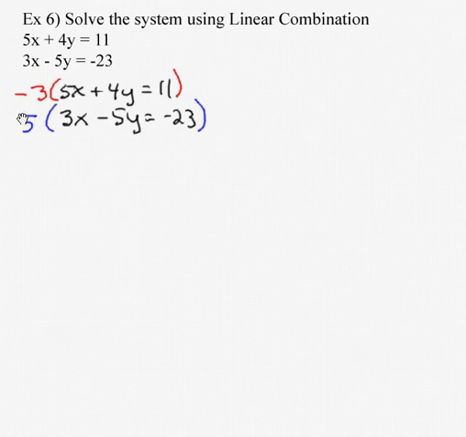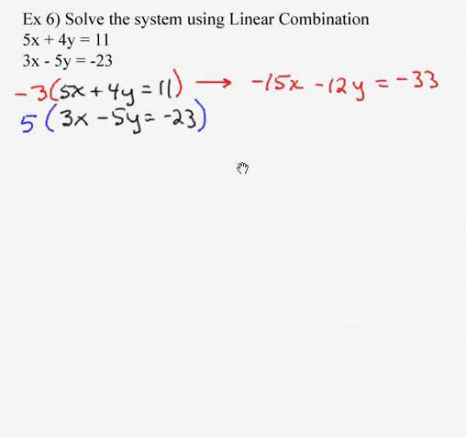But what we want to do is to try to eliminate x here. I could have also multiplied the top equation by something to eliminate y. So we could have done 4s and 5s. 5 for the top equation, 4 on the bottom, and then just drop those out. 3 and 5 are the ones we chose in this particular case.